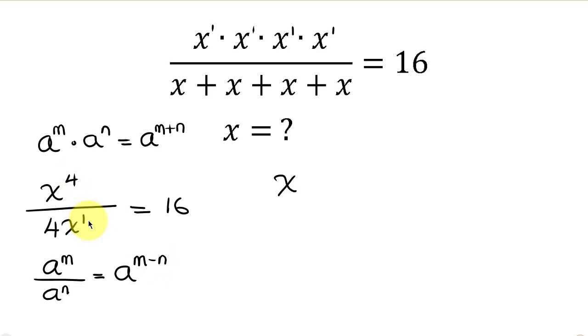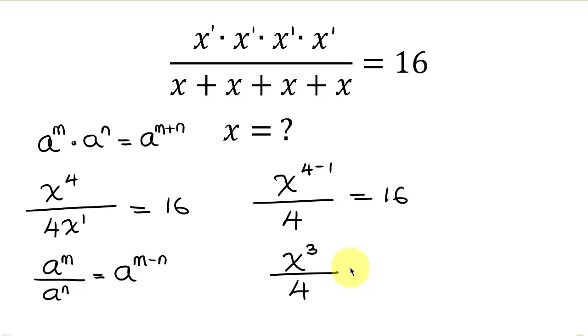So 4 minus 1. Very good. All over the 4, which is the denominator. And this is equal to 16. Very good. Now this simplifies into x to the 4 minus 1 is 3, all over 4. And this is equal to 16.